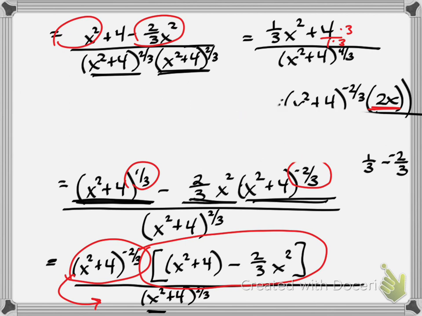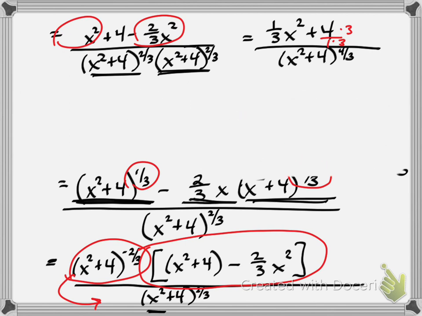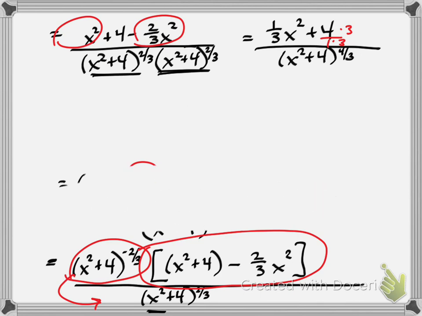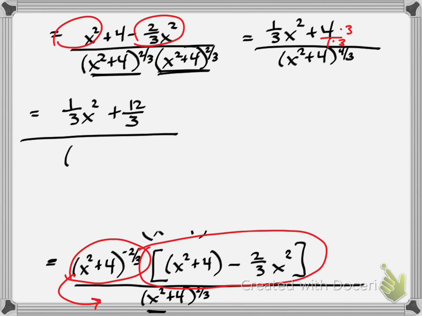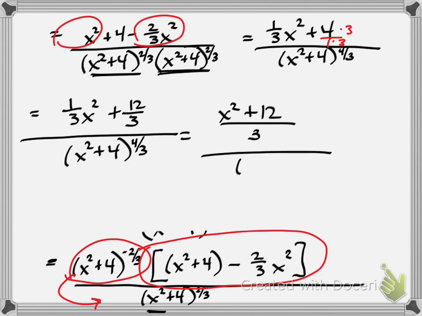This is one of the heaviest simplifying and really heavy algebra sections. So that is 1/3 x squared plus 12/3 all over x squared plus 4 to the 4/3. So that is x squared plus 12 over 3 over x squared plus 4 to the 4/3 over 1.